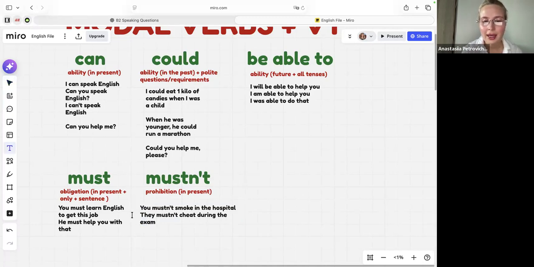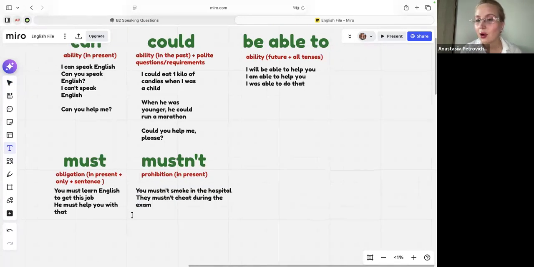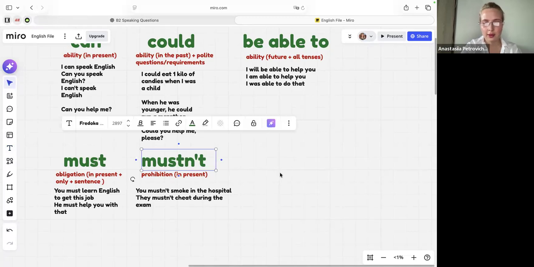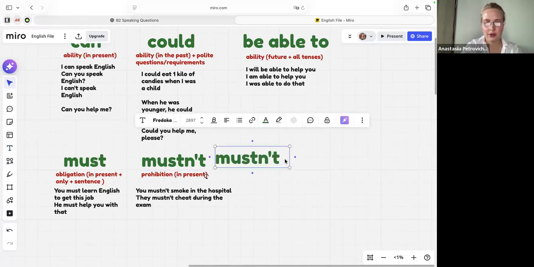However, here we have some other things as well. Because you see, must and mustn't can be used only in present tenses. So then the logical question is, what are you supposed to use if you speak about future or if you speak about past? And for that, we have to. So let me show it to you.